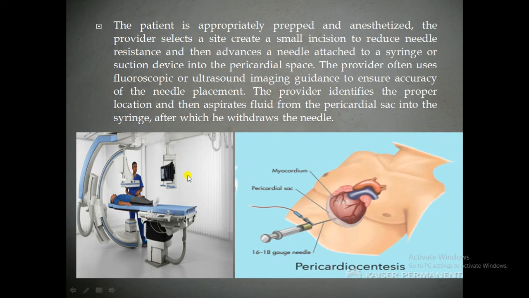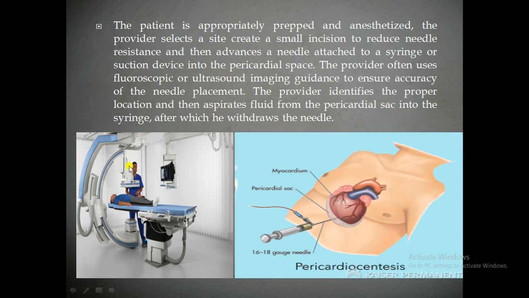Here the provider will do this procedure under imaging guidance, that is fluoroscopic or ultrasound imaging guidance. Why? Because the physician is inserting a needle into the space, so to know the exact needle location, he will use the imaging guidance, so that he clearly knows where he is advancing the needle into the space.